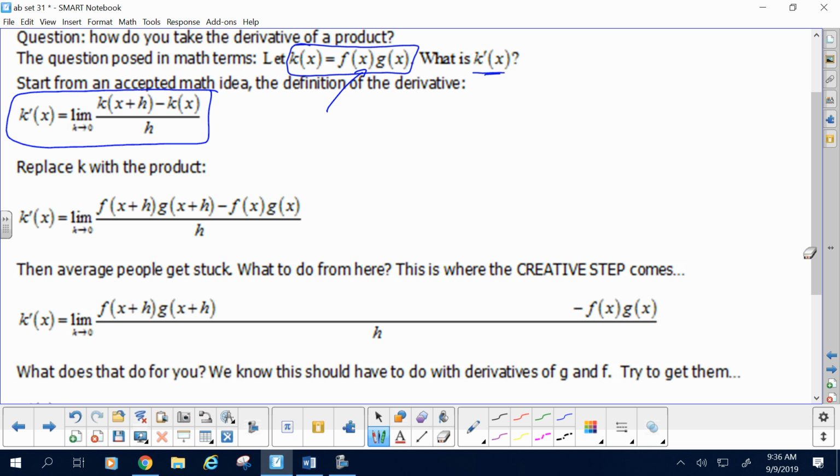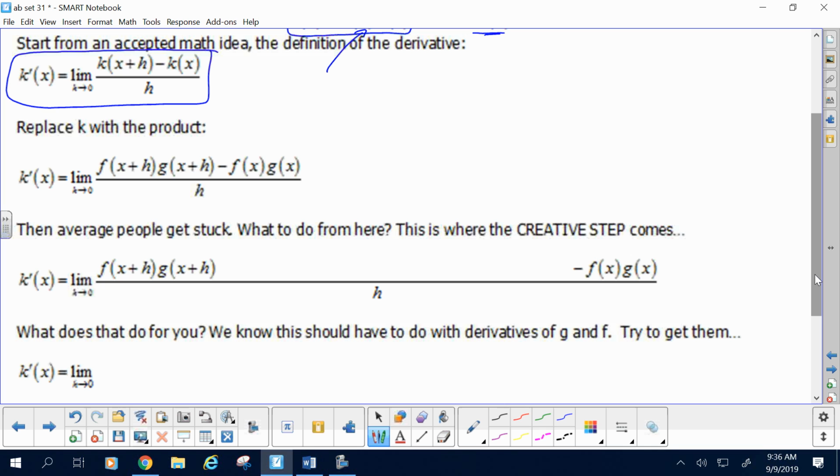Okay? But a creative person would say something like this. Well, let's play around with this a little. And although it's counterintuitive, let's add in some stuff. Now it's counterintuitive because you generally want to make things more simple, not more difficult. But this is actually going to be one step back to take two huge steps forward.